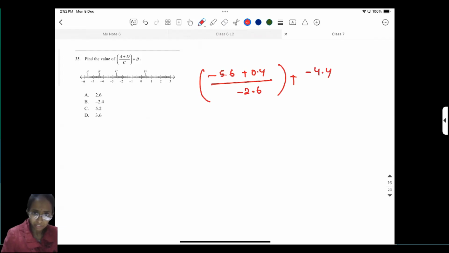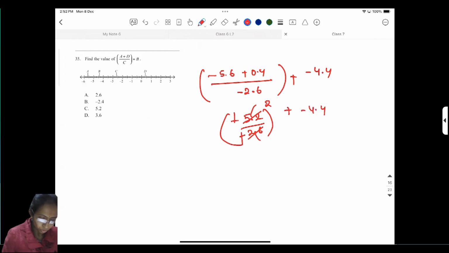This we need to solve. So this will be minus 5.2 divided by minus 2.6, which we can cancel out as 2, and 2 plus minus 4.4. So the answer will be minus 2.4. B option.